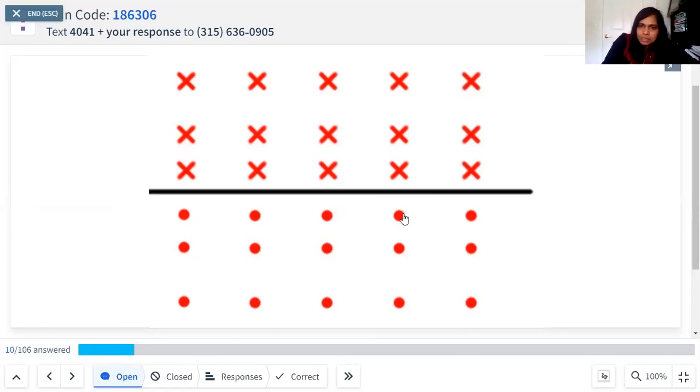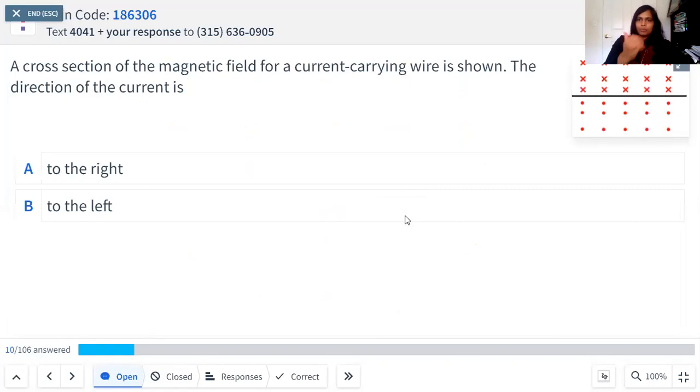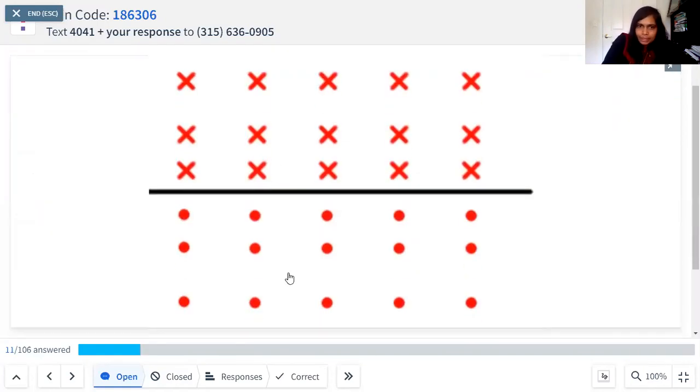So the dots mean it comes towards you, and the crosses represent it going away from you, into the screen.